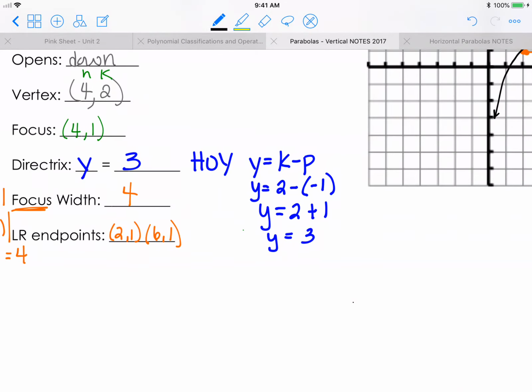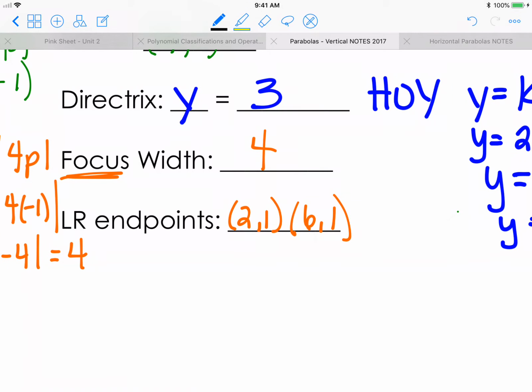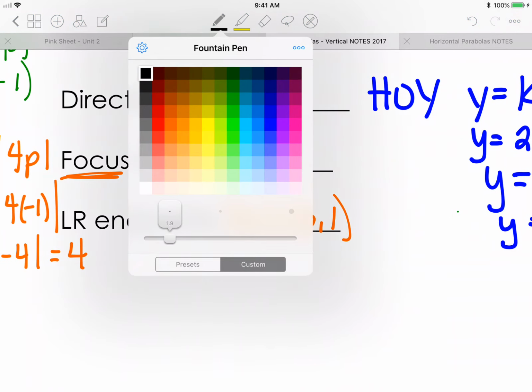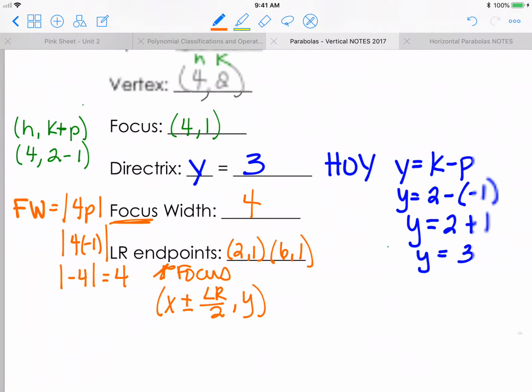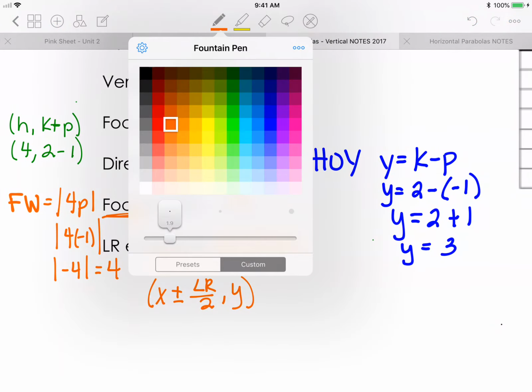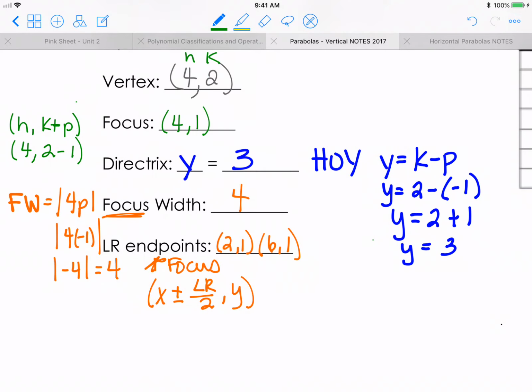Okay, so what if you want to use your chart for your LR endpoints? Our chart says that you have x plus or minus your LR divided by 2, comma, y. And this x and y refer to your focus. So you have to look back at your focus, and your focus was 4, comma, 1.